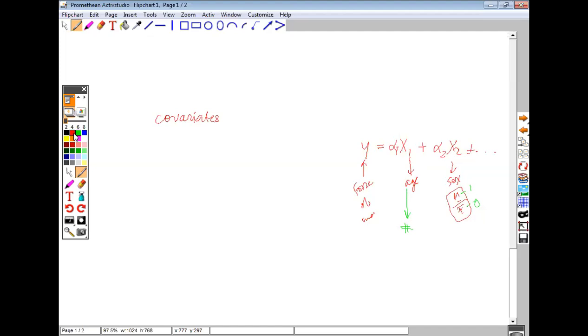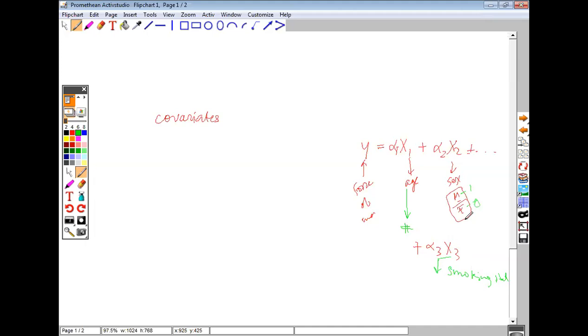And let us say we have one more down here. I'll just say plus alpha 3 x3. So I can have something like smoking status. Let's say this x3 denotes smoking status. I can use 1 and 0 to denote whether a person is a smoker or non-smoker.